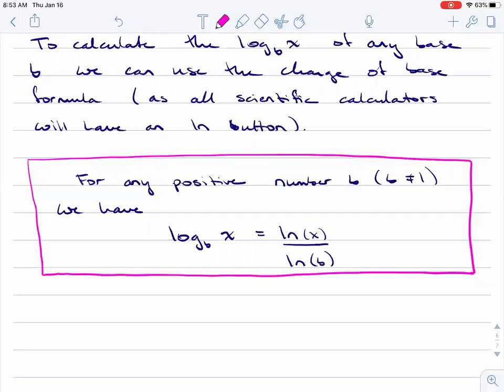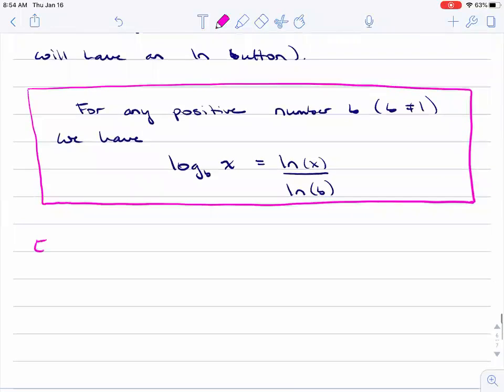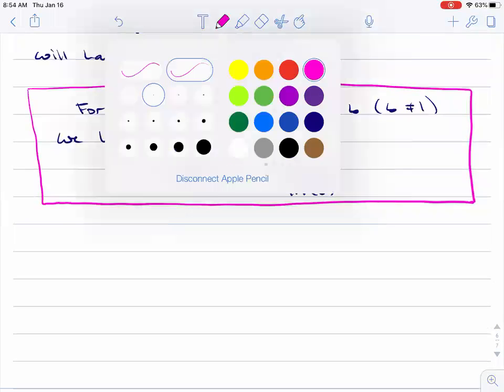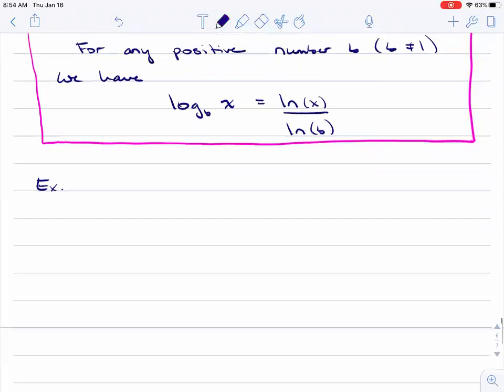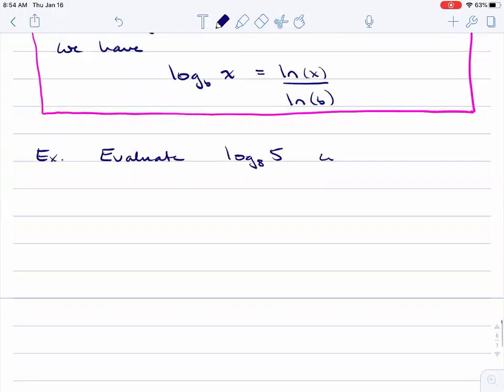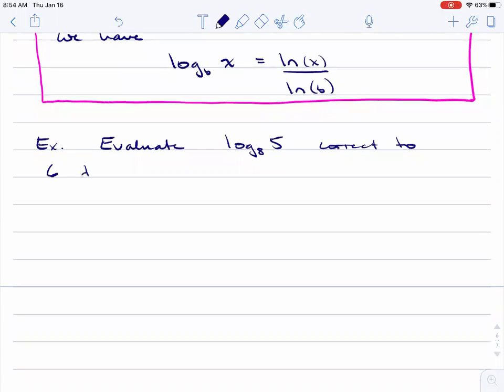So if we want the log base b of x, we take the natural log of x over the natural log of b, and then we get the same answer. Just as an example, if we have to evaluate log base 8 of 5, correct to 6 decimal places.